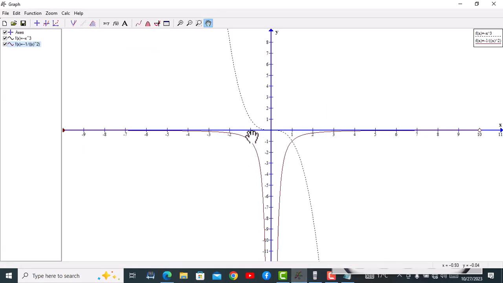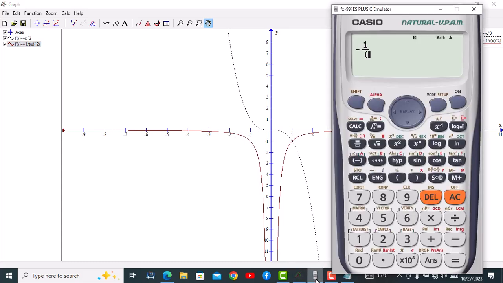For example, let me say x equals -1. So I'll have -1, that is squared, and I get -1. So when x is -1, y is -1. This is my f at -1, which is -1.